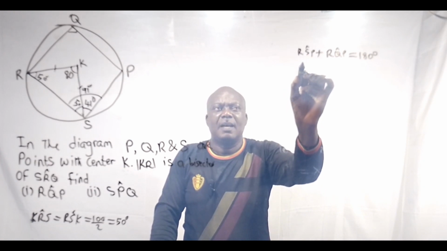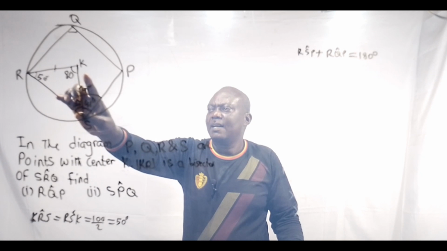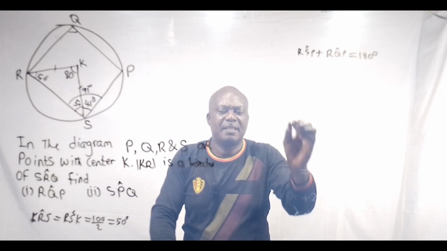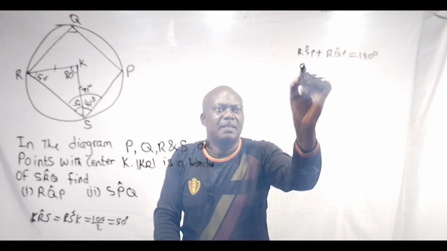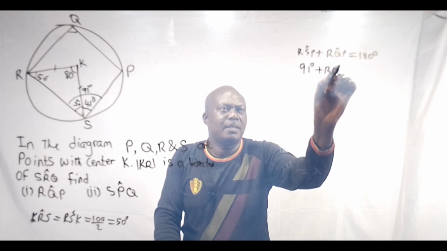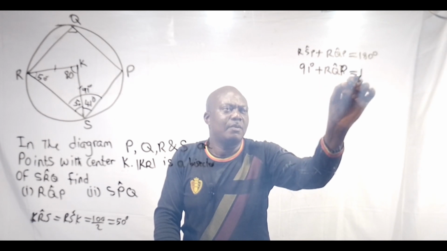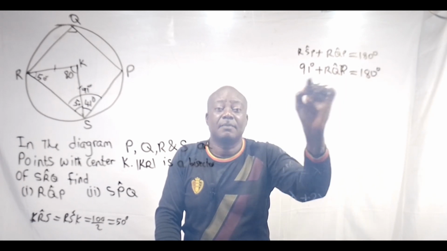So RSP, that means 91 degrees plus RQP will be equal to 180 degrees.